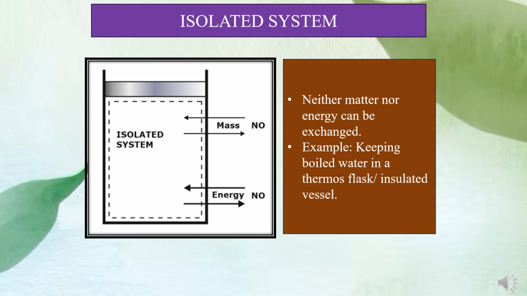For example, reactants present in a thermostat or an insulated vessel, where neither energy nor matter is exchanged with the environment. Another example is a piston and cylinder arrangement in which a fluid like air or gas is being compressed or expanded; if it is insulated, it becomes an isolated system. So simply we can say in an isolated system neither matter nor energy can be exchanged.